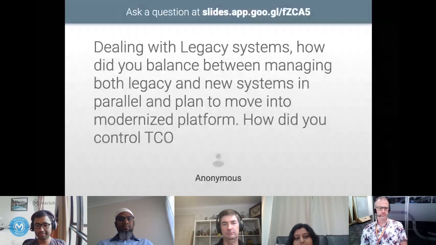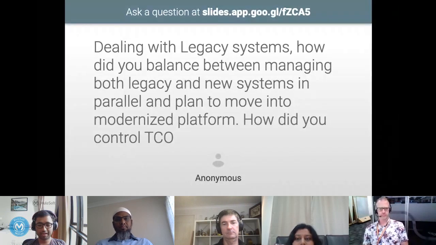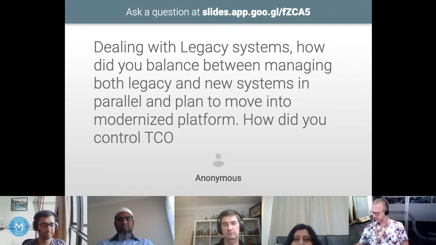So perhaps we can start off with Rob on this one, at the initial scoping and bringing in the legacy system. I have a little bit to add to the question, Rob. How do you decide between tactical investments in these legacy systems? For example, you have a stakeholder who comes jumping up and down saying, I want this feature tomorrow, and the only way it can be done is in the legacy system.